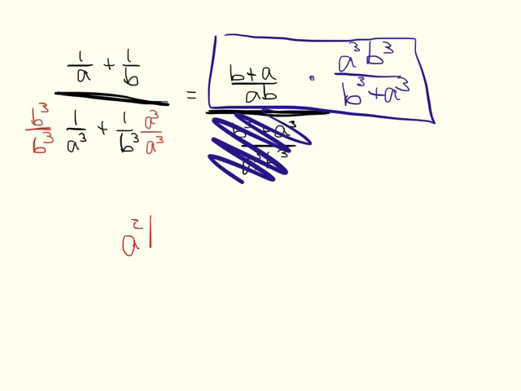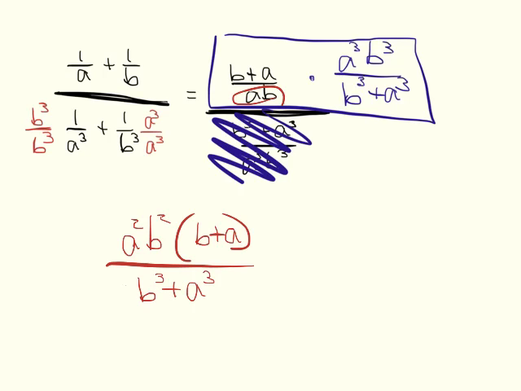a squared b squared times b plus a over, oops, I got rid of that ab right here, so I don't even show that. Let me get rid of that. Okay, so I've got b cubed plus a cubed left. Now this is the sum of two cubes. And if you remember from intermediate algebra, you get two parentheses. You get one with two terms, and then you get one with three terms.